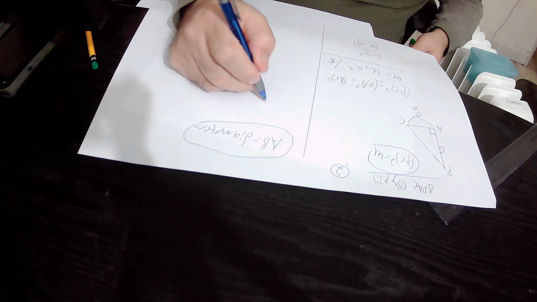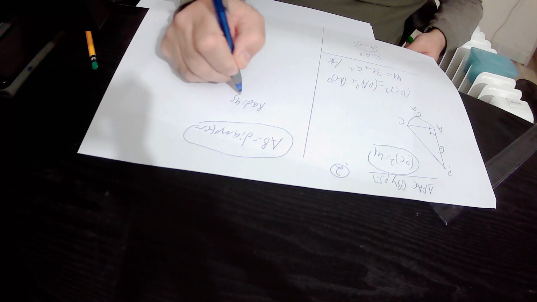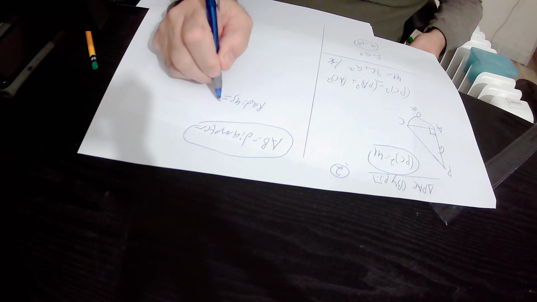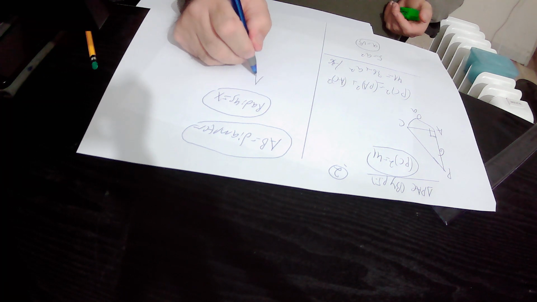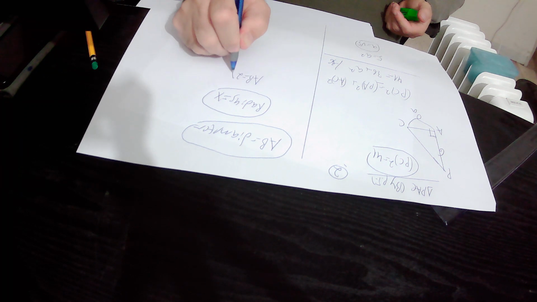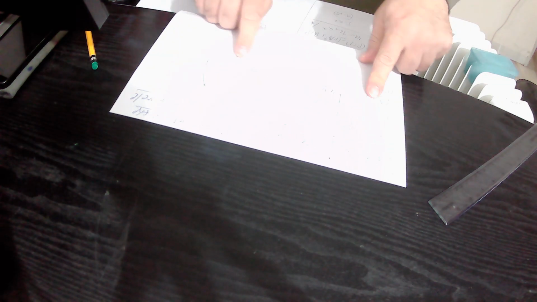We define the radius of the semicircle as X. Therefore, the diameter AB must be equal to 2x. So AB equals 2x. It is the diameter of the semicircle.